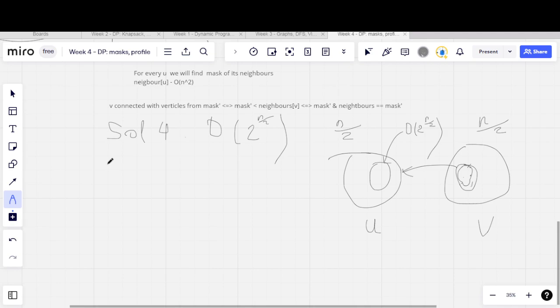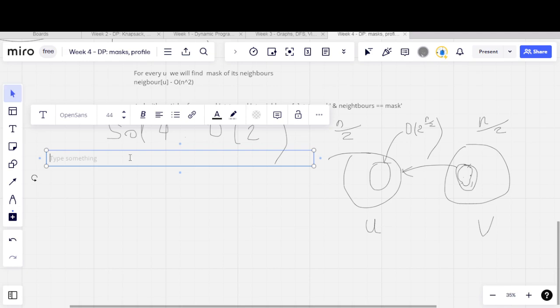Okay, we have the pair U. Today we don't have a break. We have the pair mask for verticals.